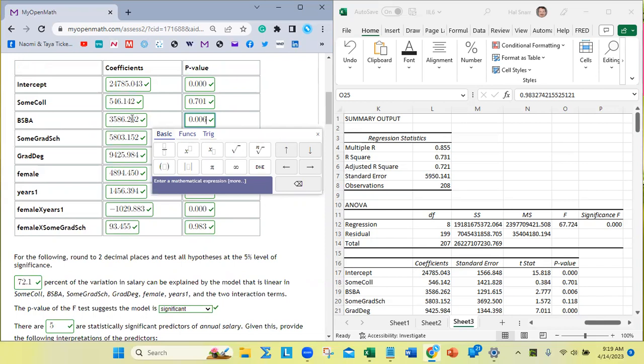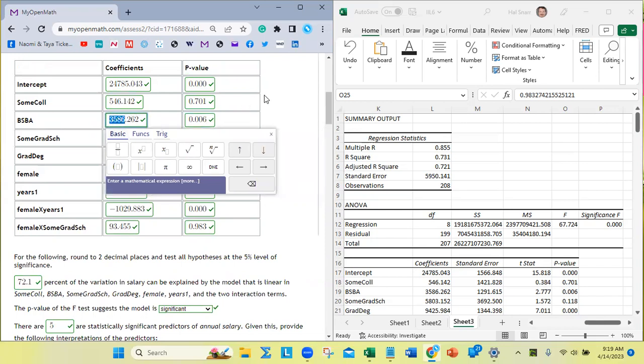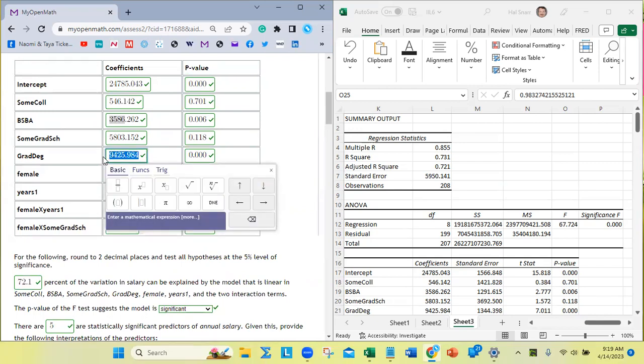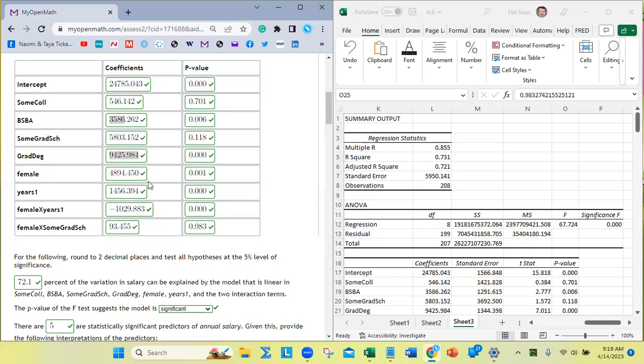People that graduated from college are gonna earn almost $3,600 more than people who did not graduate from college, right? Then some graduate school, that's not gonna affect salary. Grad degree, though, people with a graduate degree are gonna make $9,400 more than people who did not have a graduate degree, right?